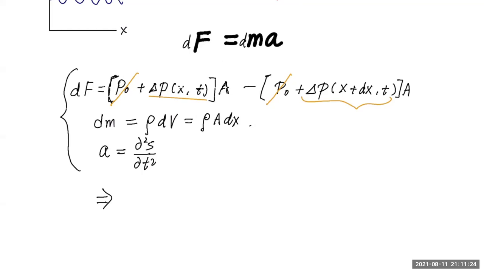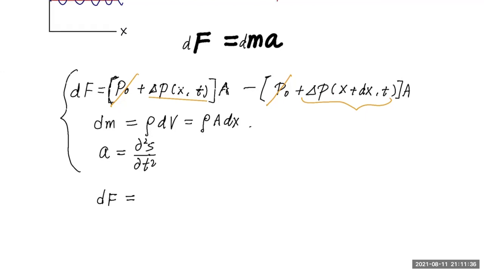So before I write down Newton's second law, let me clean this df a little bit more. So let me write df is equal to, okay, negative, delta P at x plus dx and t minus delta P at x and t, and then times a.